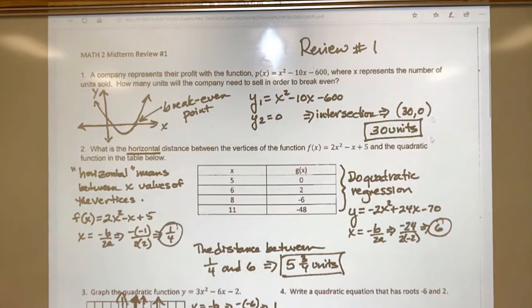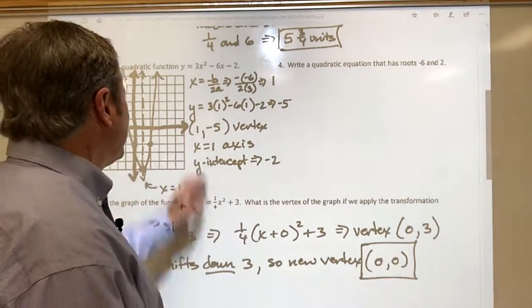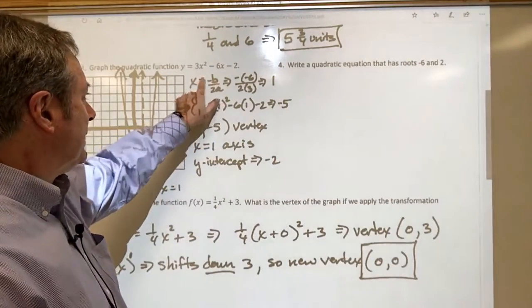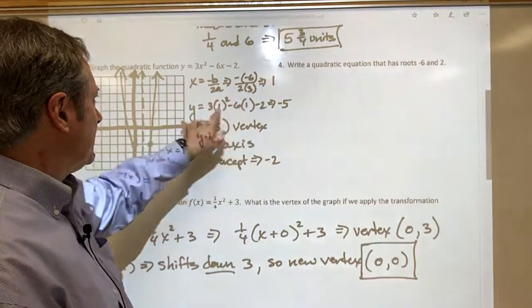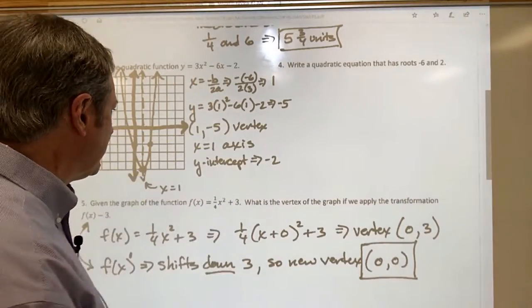All right, let's try number 3. Here we're to graph this function by hand. You find the vertex. X equals +1, you plug +1 here and here, you get the y value is -5.